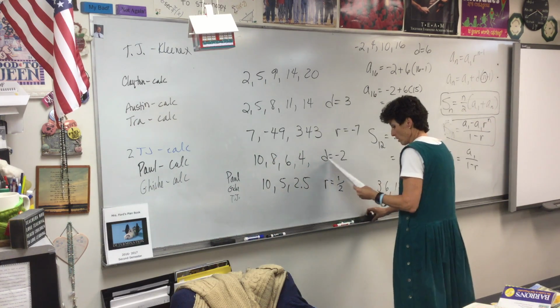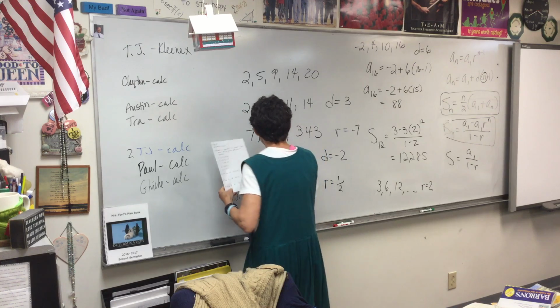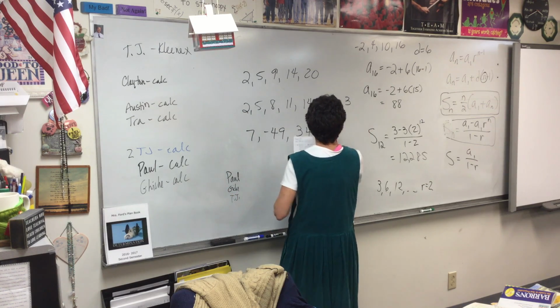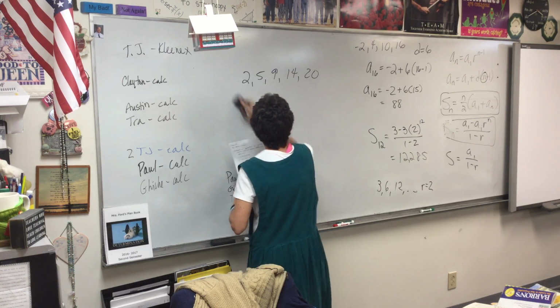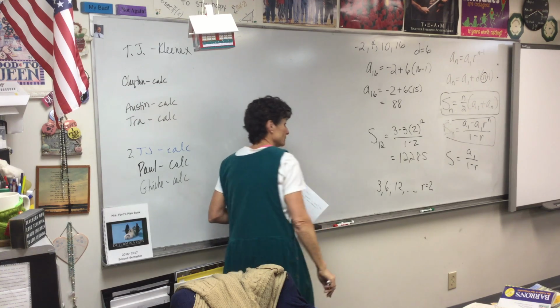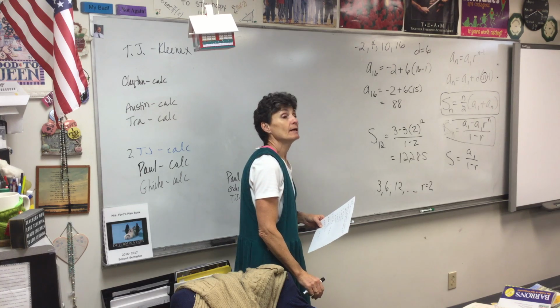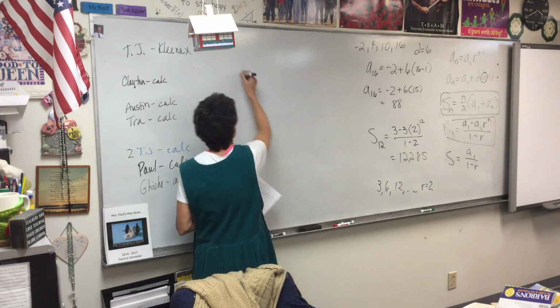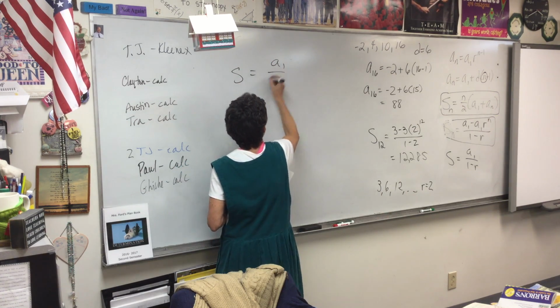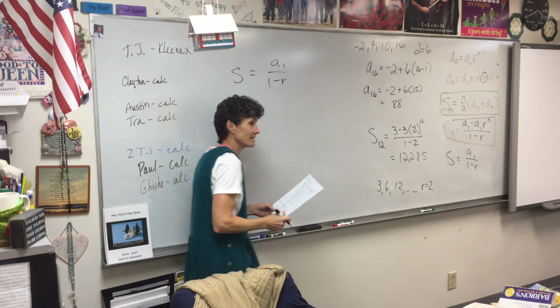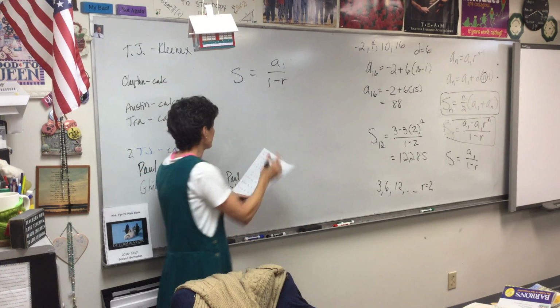All right, number 4. Now look at that. It says find S. Kids, S, not S sub n, S. So which formula are we going to use? The very bottom one. That's the sum of an infinite series.